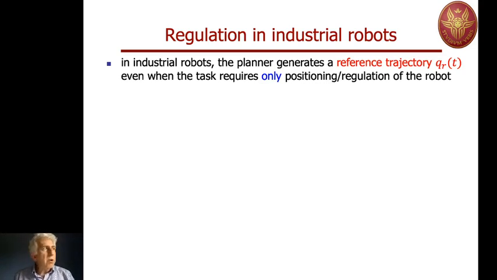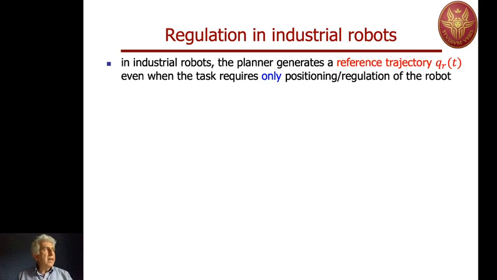So in industrial robot, even if your task is only a regulation task, so you're only interested in being in some configuration and typically at rest, you don't care how you get there, provided that you go there, let's say, fast enough and without requiring too much torque. So exactly the limits of what we have seen so far.